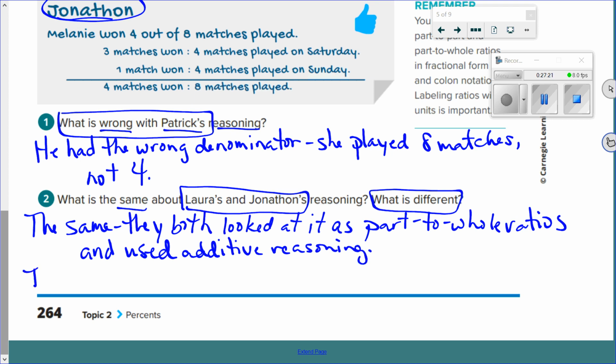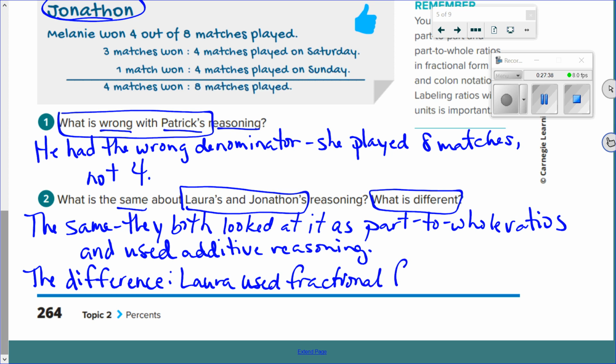The difference: Laura used fractional form. And Jonathan used ratio format.